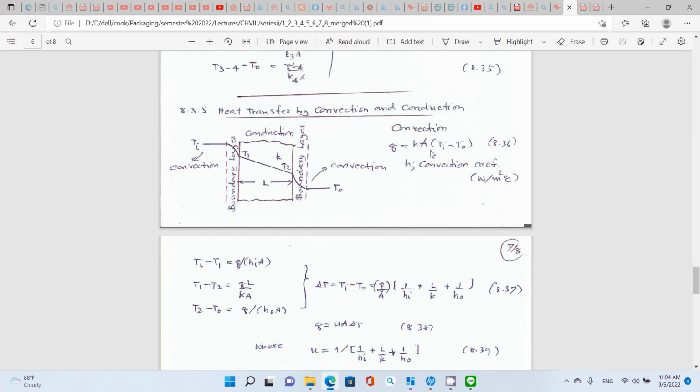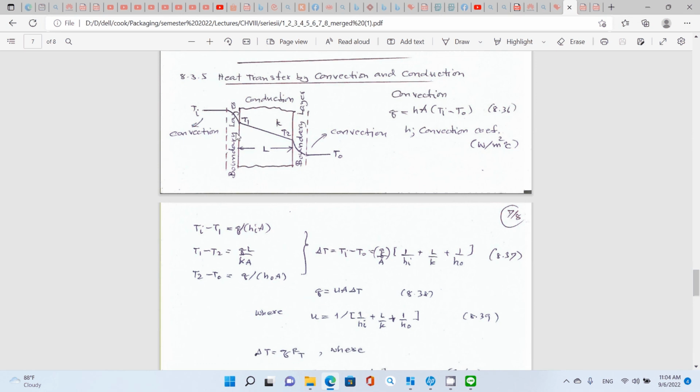A is the cross-section, and h is the convection coefficient in the unit of watt per meter square degree Celsius instead of watt per meter degree Celsius. So you can apply delta T equal to Q RT, right? You move hA to the left, that's going to be 1 over hA. That's your RT for convection.